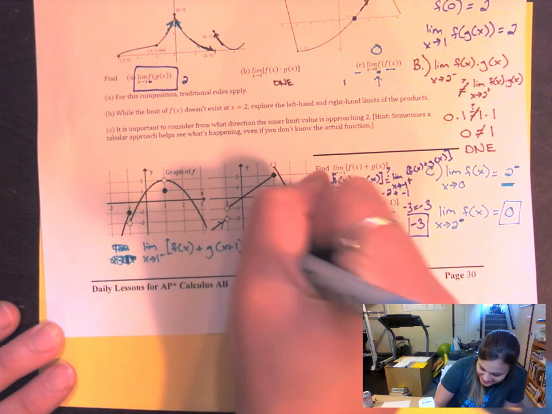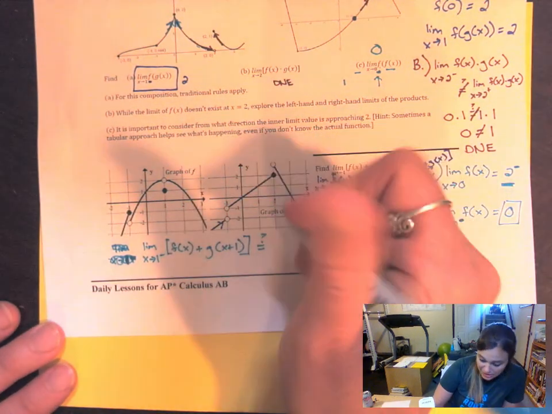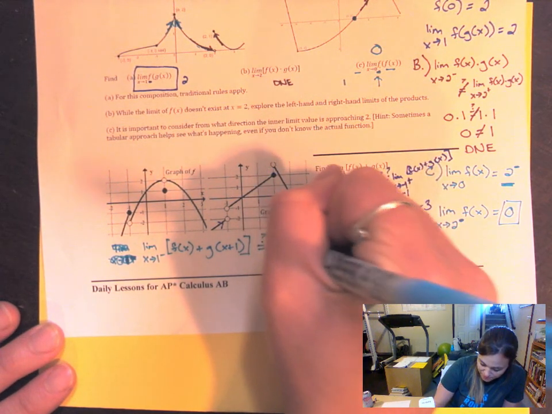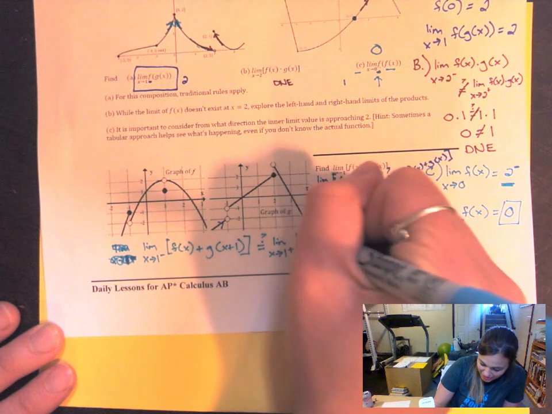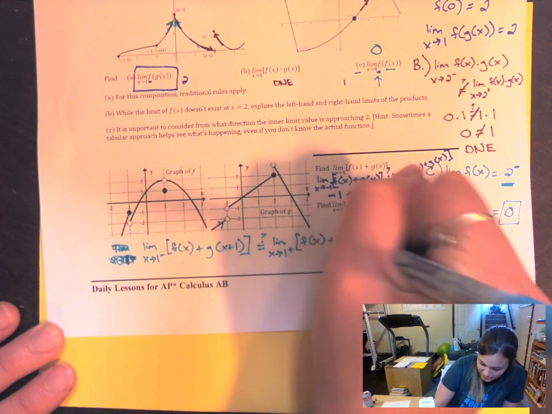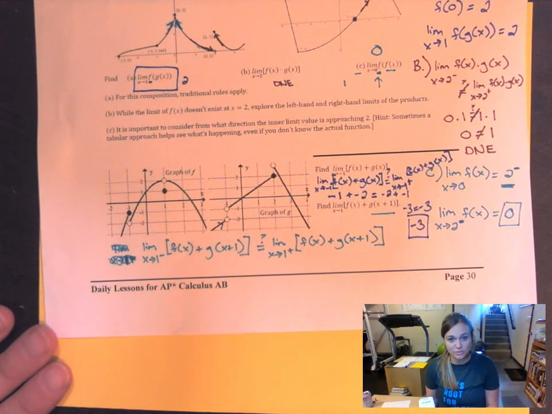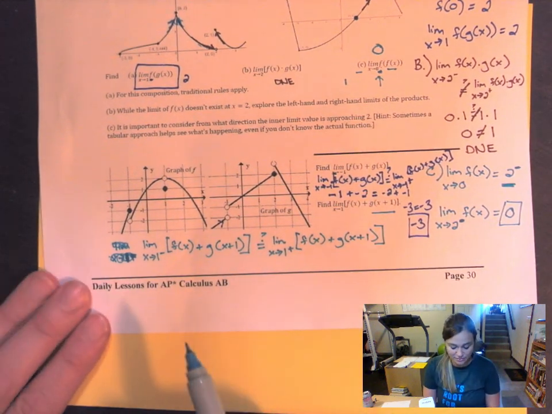And I want to see, is that equal to the limit as x approaches 1 from the right of f of x plus g of x plus 1? Is the left equal to the right?